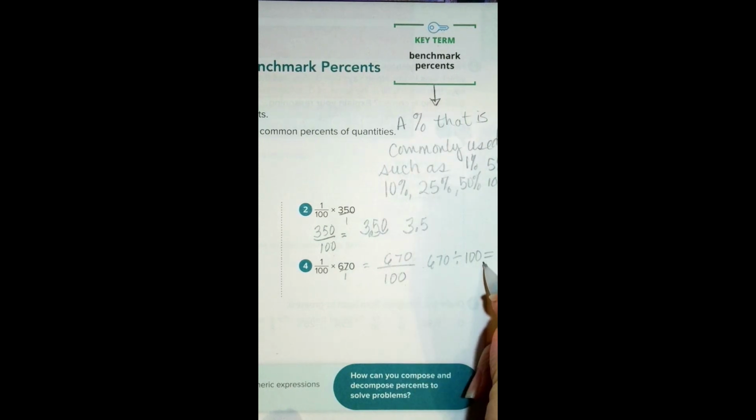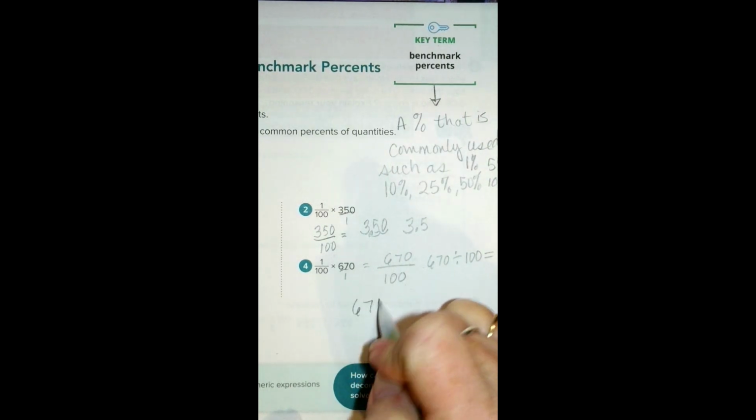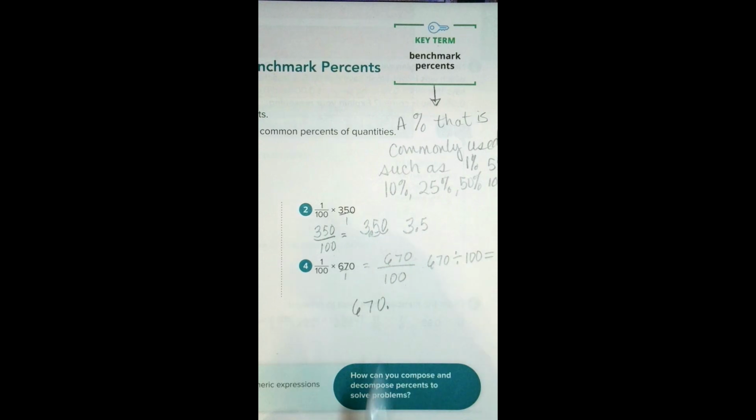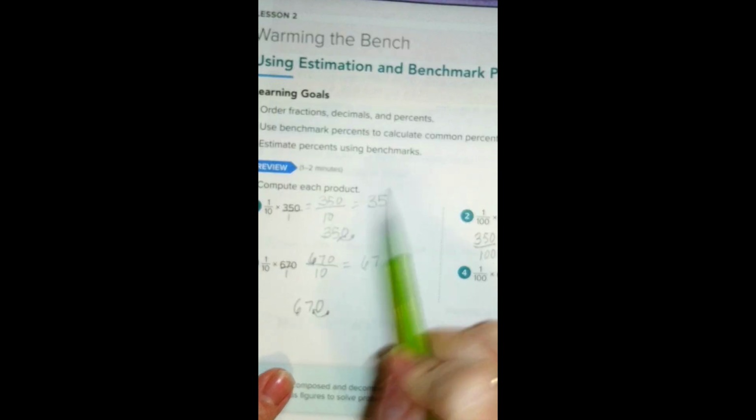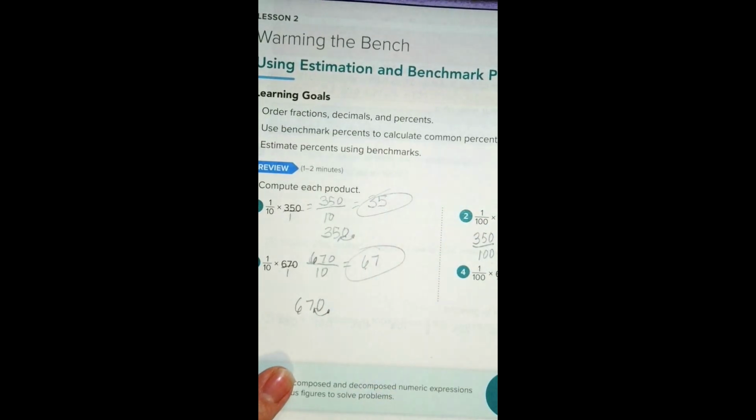So it's getting 100 times smaller, which means when we're dividing by 100, we're moving 2 places to the left. So our answer is going to be 6 7/10. Here we had 3 5/10, 35, 67.